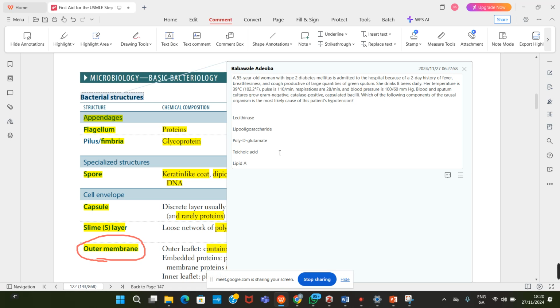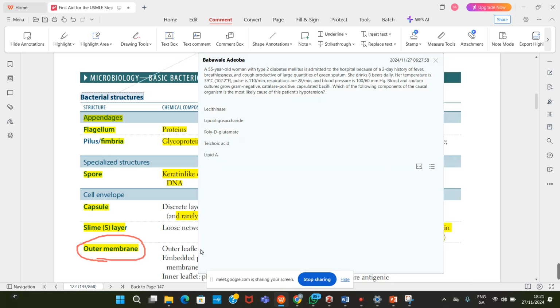She drinks 8 beers daily. Her temperature is 39 degrees Celsius. Pulse is elevated. Respiration 28. Blood pressure 160. Blood and sputum culture shows gram-negative, catalase-positive capsulated bacilli. Which of the following components of the causal organism is the most likely cause of this patient's hypotension? Anybody?